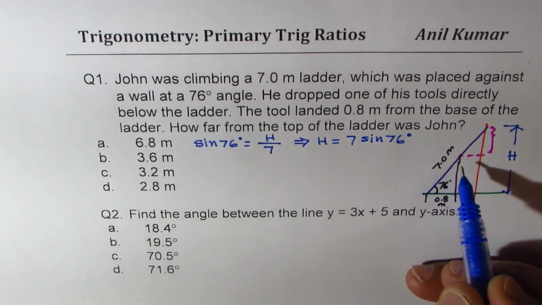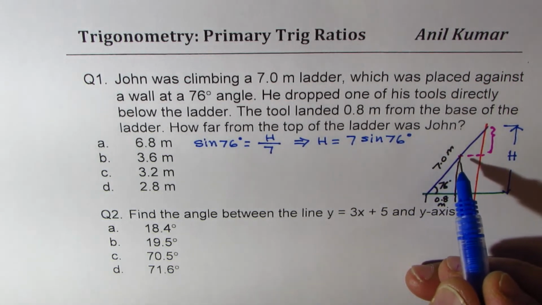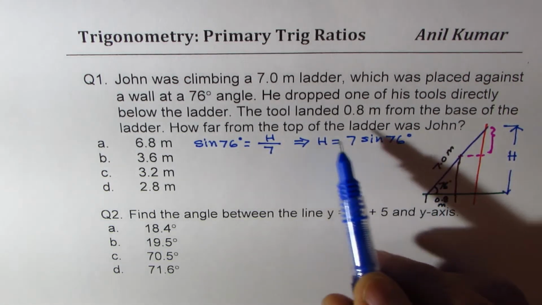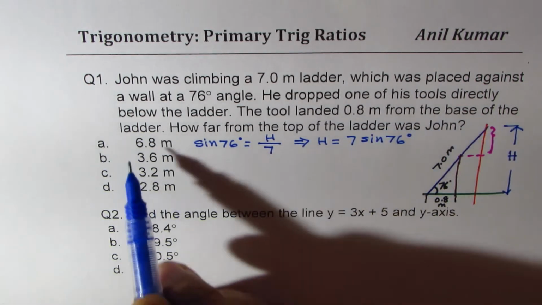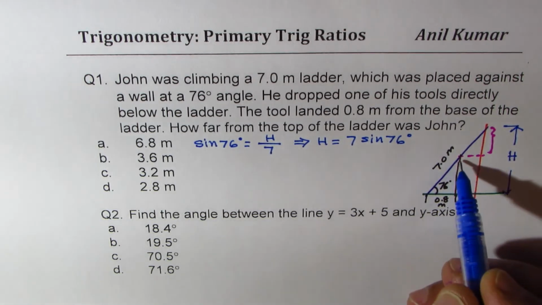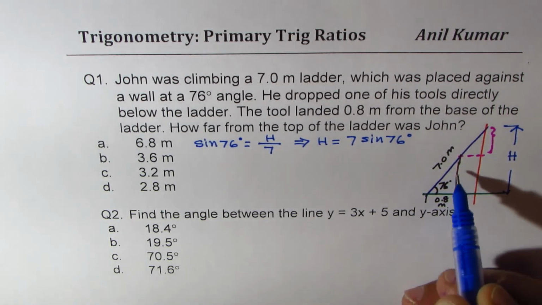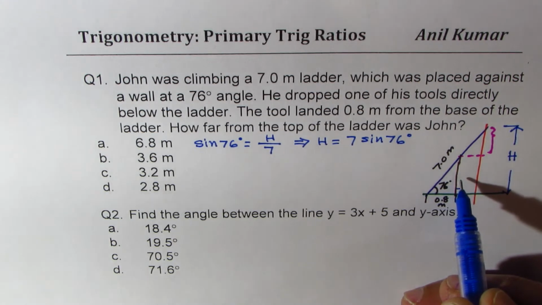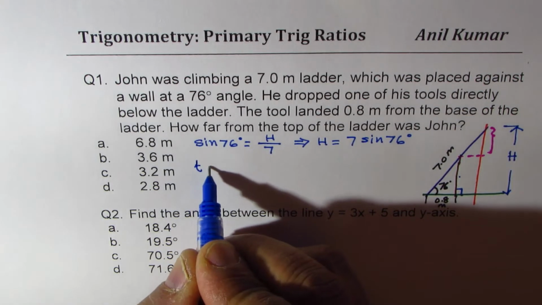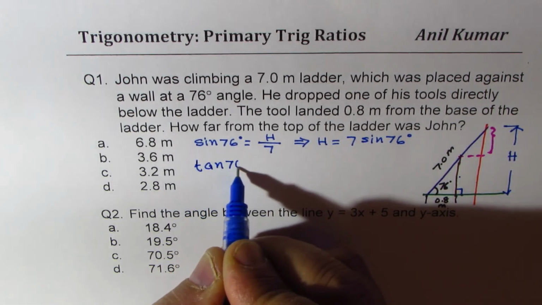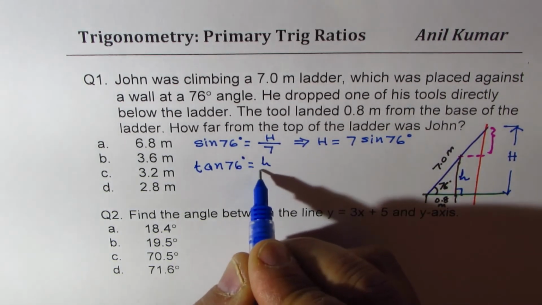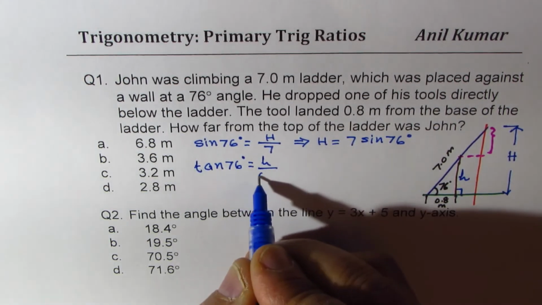We can also find the height where John is by using the smaller triangle. Since the tool landed 0.8 meters from the base of the ladder, from here it is 0.8. So that becomes a right triangle again. In this right triangle, since we are looking into opposite and adjacent sides, we are going to evaluate tan of 76 degrees, which is, let's say this small height, lowercase h, over 0.8.